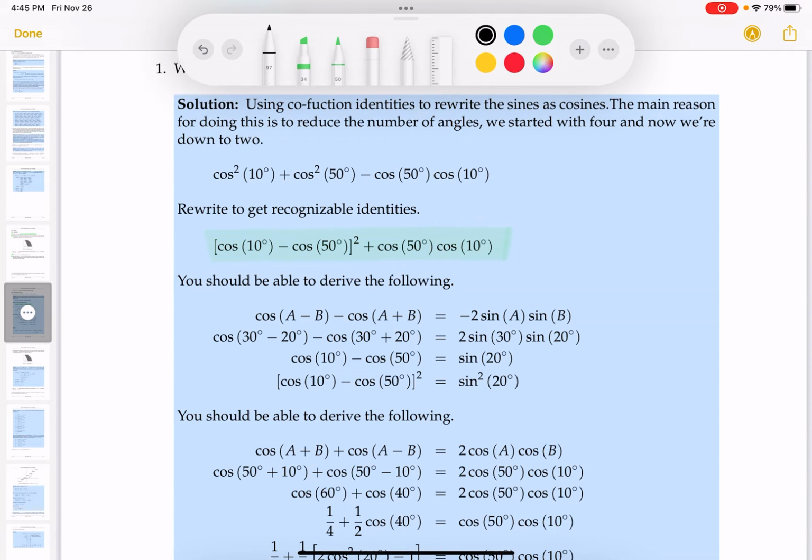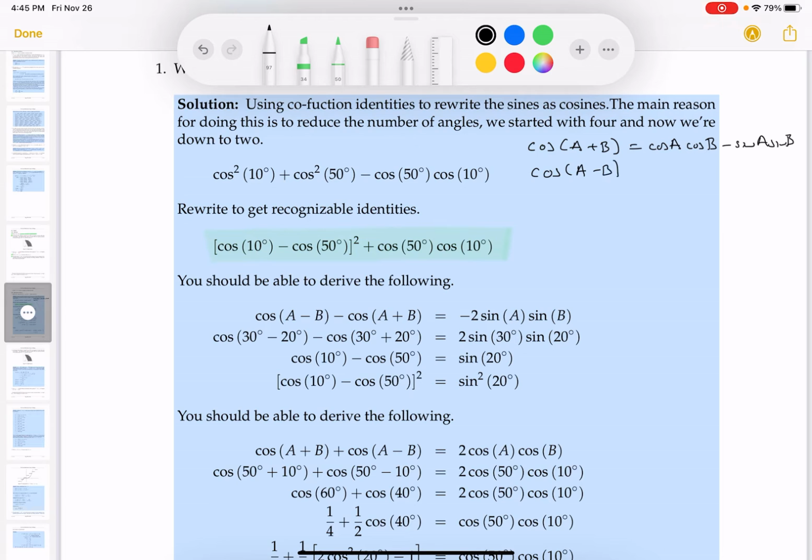So I'm going to remind you that, certainly, if you do cosine of A plus B, you would get cosine A cosine B minus sine A sine B. And this is how your teachers probably taught you sum to product or product to sum formulas.